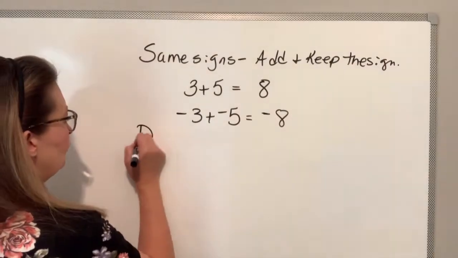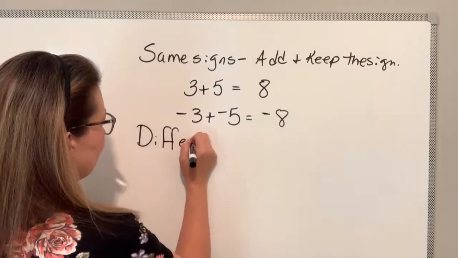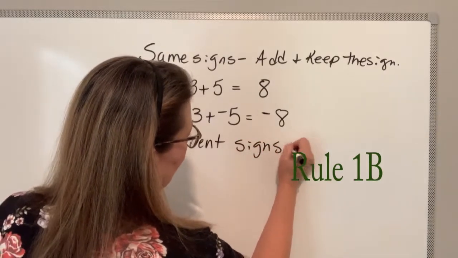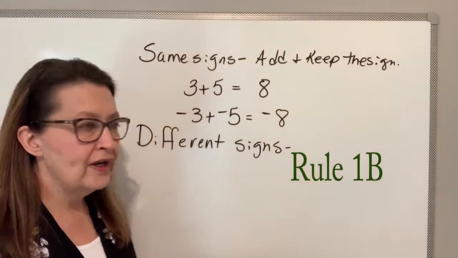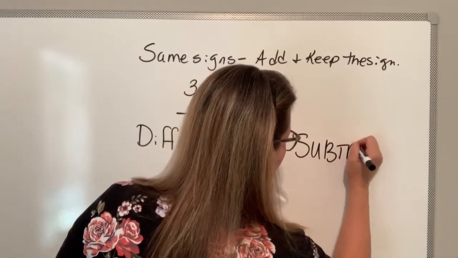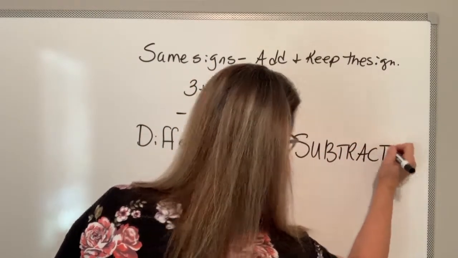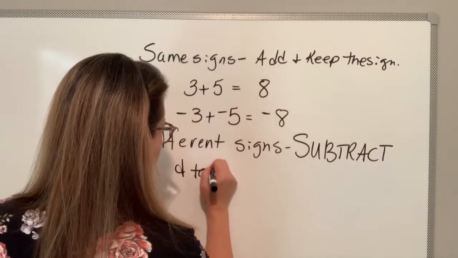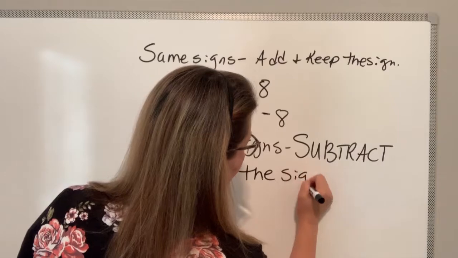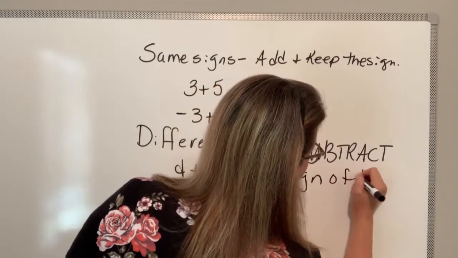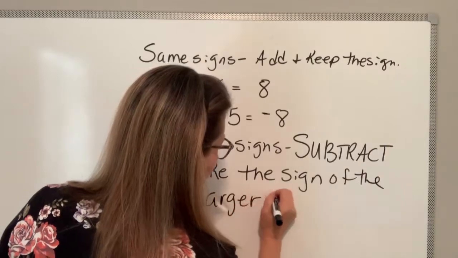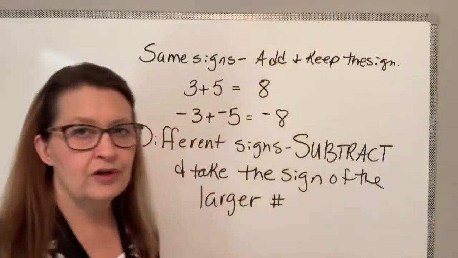Now, if you have different signs, as in one positive, one negative, then you subtract and take the sign of the larger number.